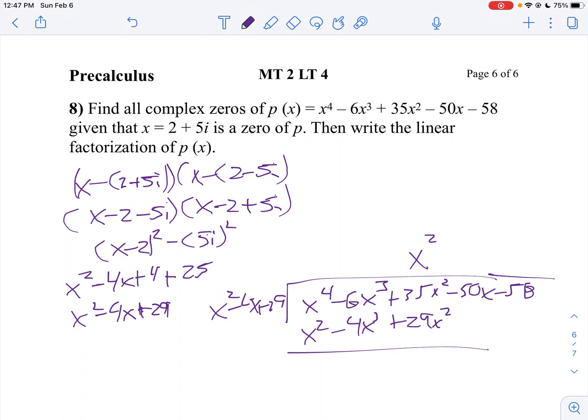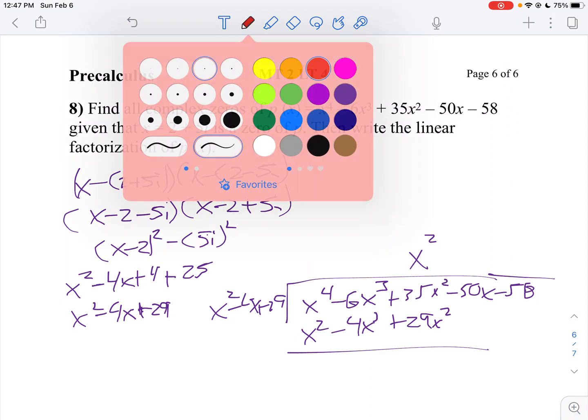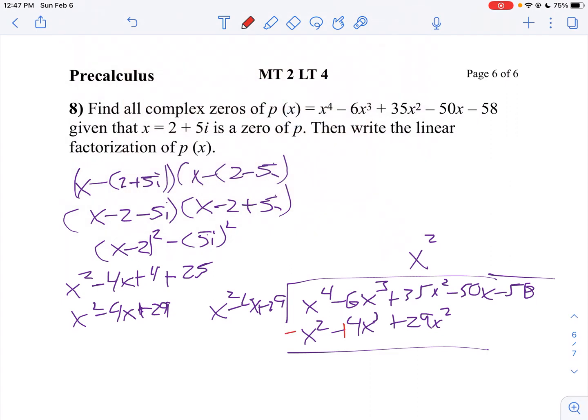Change all my signs. So change minus, plus, and minus. So negative 6 plus 4 will give me negative 2x cubed. 35 minus 29 will give me positive 6x squared.